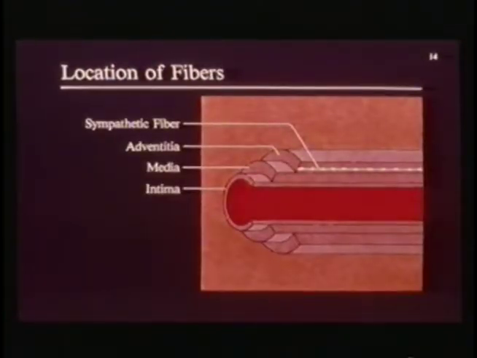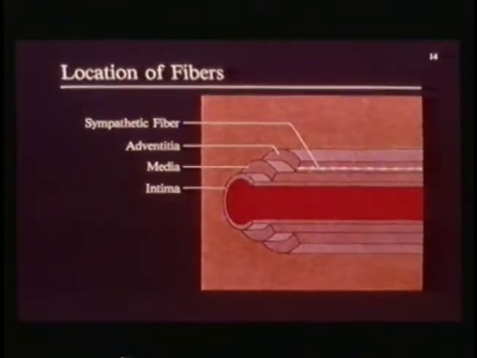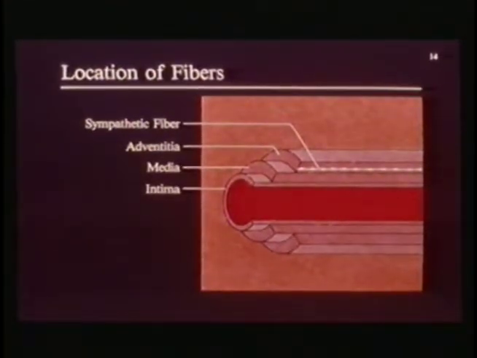The sympathetic fibers involved in the control of blood vessels are found in the outer, or adventitial, layer of the vessel wall. Recall that the blood vessel wall consists of three layers: the adventitia, media, and intima. The nerve fibers run generally parallel to the layer of vascular smooth muscle.